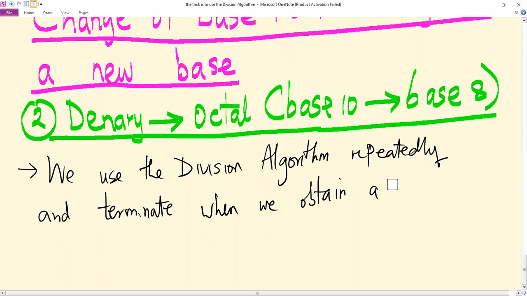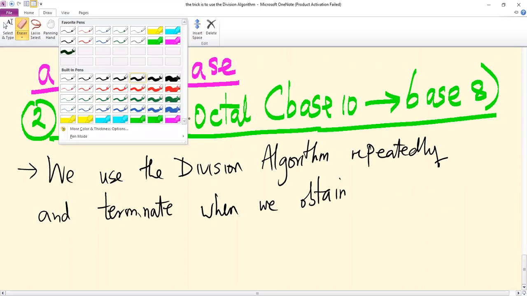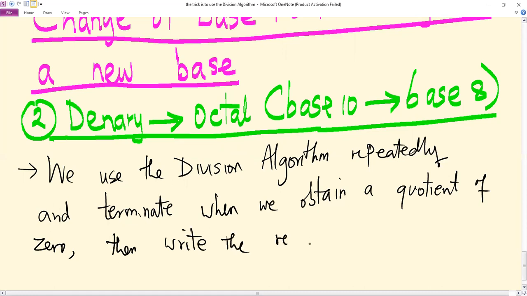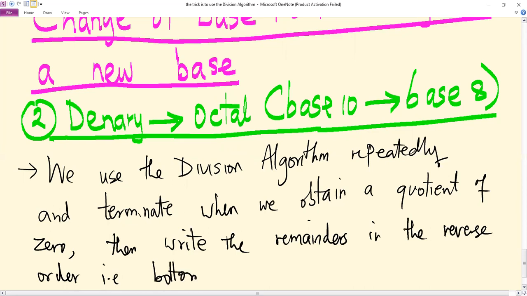Apply the division algorithm and stop when we obtain a quotient of 0. Then write the remainders in the reverse order, i.e. bottom up.